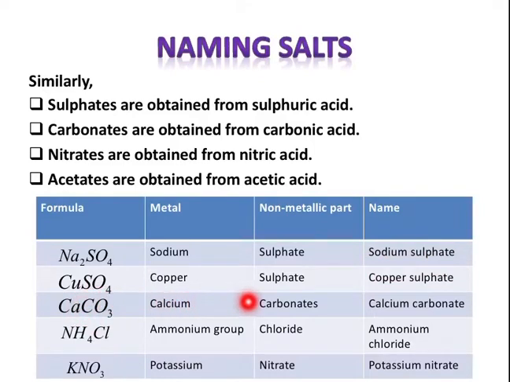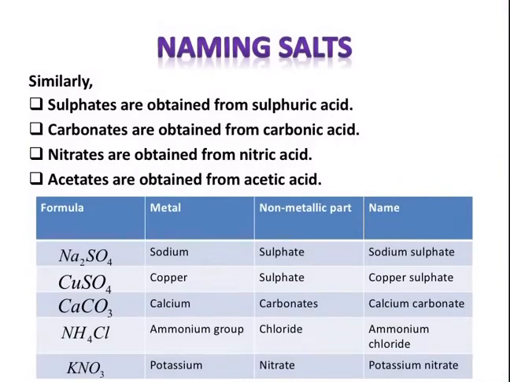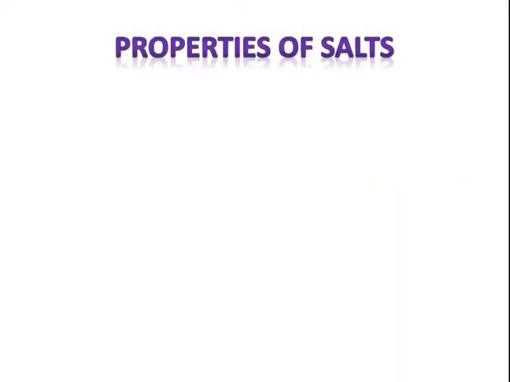Here in copper sulfate, the copper part is metal and the sulfate part is non-metallic. So first remember this point, students: the first part of the salt name is the metal, which is derived from the base. The second part is the non-metal name, which is derived from the acid. These are a few examples you can see.